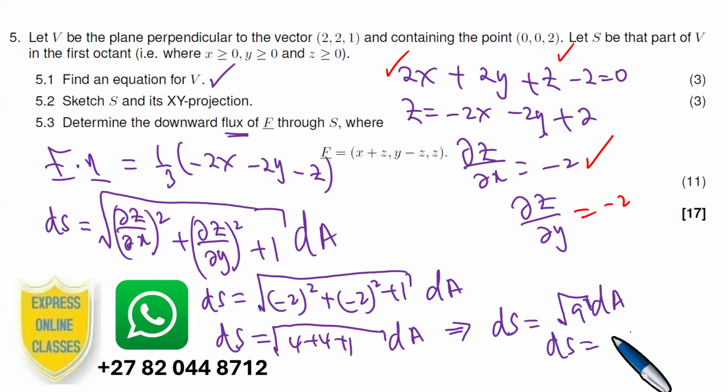Square root of 9 is what? Is 3 dA. Square root of 9 is 3. So now we've got another equation that we need to use. But we're not done yet because we want to find the downward flux, and we proceed as follows.